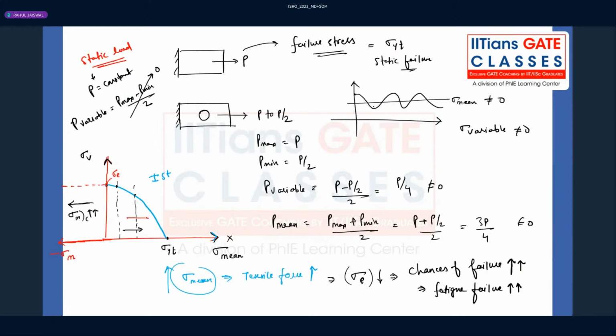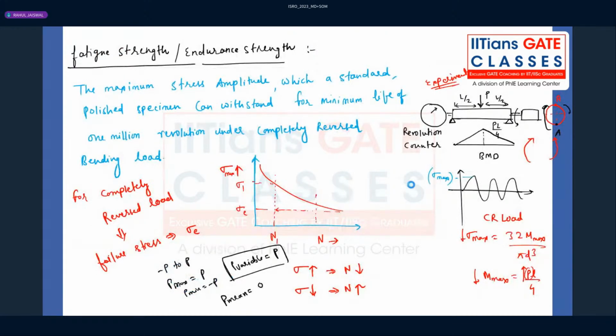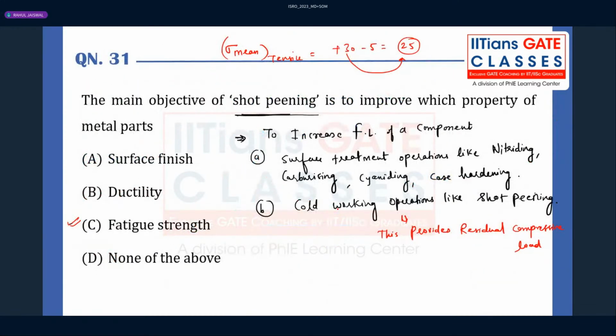That means you are not moving towards the right side of this graph, you are somewhere here only, so the endurance strength has significant values. Here, by using the cold working operation, we are introducing the residual compressive loads, so the compressive strength of a component has been increased.